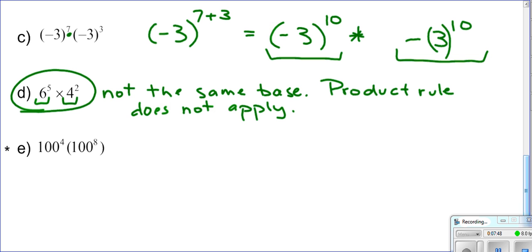Right. When we look at E, so remember we were saying if we have a number outside a bracket or two brackets side by side and there's no operation being shown, that it is a multiplication example. So this is 100 to the power of 4 times 100 to the power of 8. I can almost guarantee that if you type this in your calculator, and you should try it, it is not going to give you something that you are familiar with.